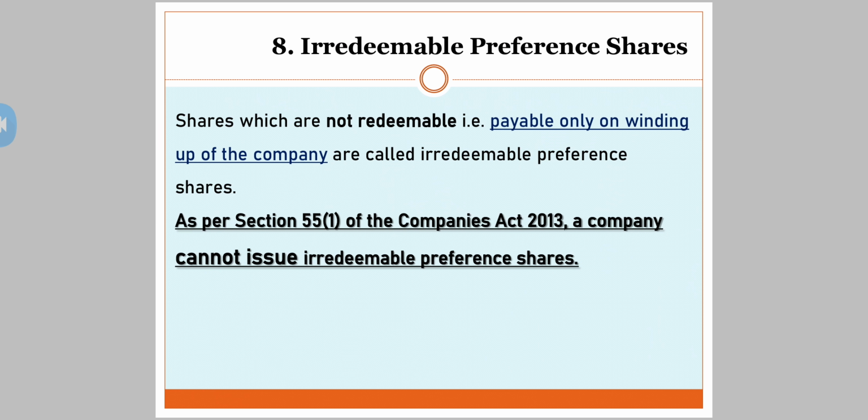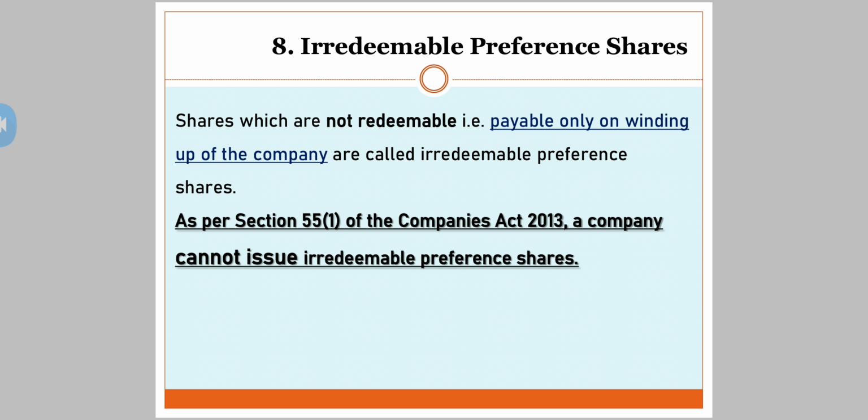The eighth one is irredeemable preference shares. Shares which are not redeemable, that is payable only on the winding up of the company, are called irredeemable preference shares. If the company is going to pay off only at the time of winding up, that means it is almost the same as equity shares, right? The most important part: as per section 55(1) of the Companies Act 2013, a company cannot issue irredeemable preference shares.